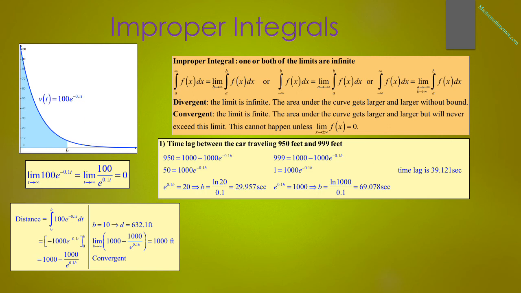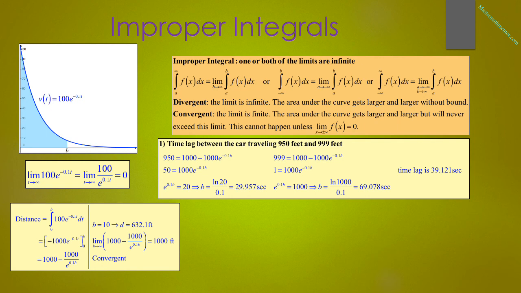In problem 1, we're interested in the time lag between the car traveling 950 feet and 999 feet. Since we have an expression that represents the distance that the car travels, 1,000 minus 1,000 e to the negative 0.1b, we first set that equal to 950.